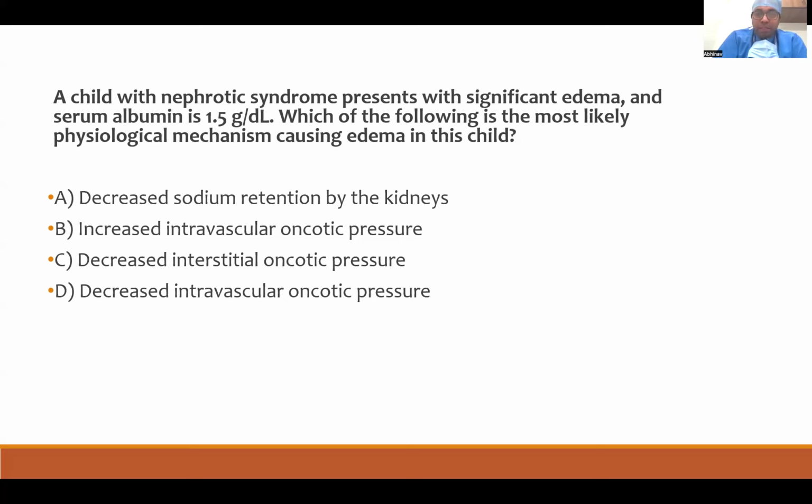I hope all of you understood the question. So what is the reason for edema in nephrotic syndrome? That is what the question is about. If you look at the four options, hypoalbuminemia. What happens? Albumin is leaking out into the urine. Why is albumin important?